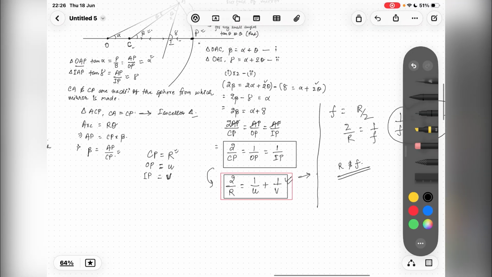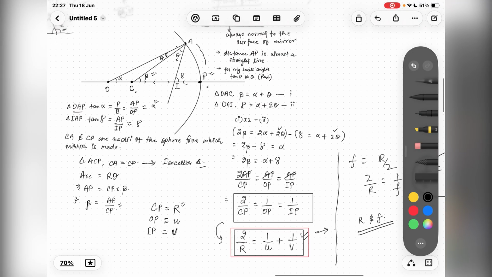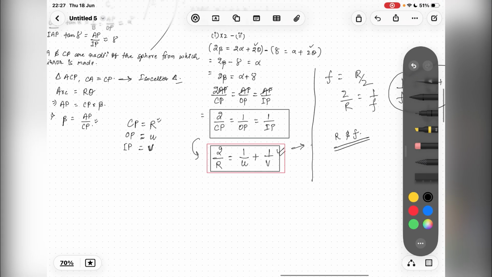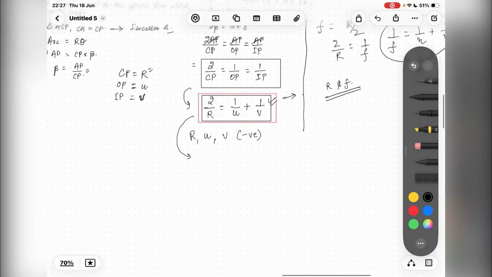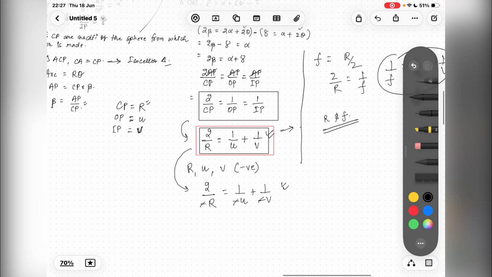But first, let's see. From the sign convention, we all know that here R, U, and V all are negative. So our relation will become something like 2 by minus R equals 1 by minus U plus 1 by minus V. But in this particular case, all the minuses will get cancelled out.